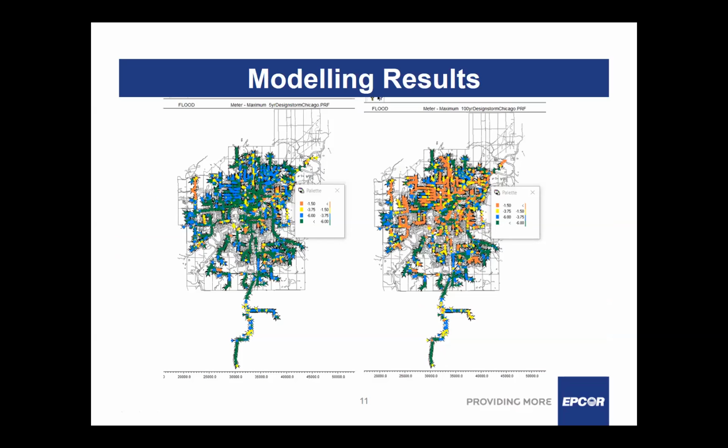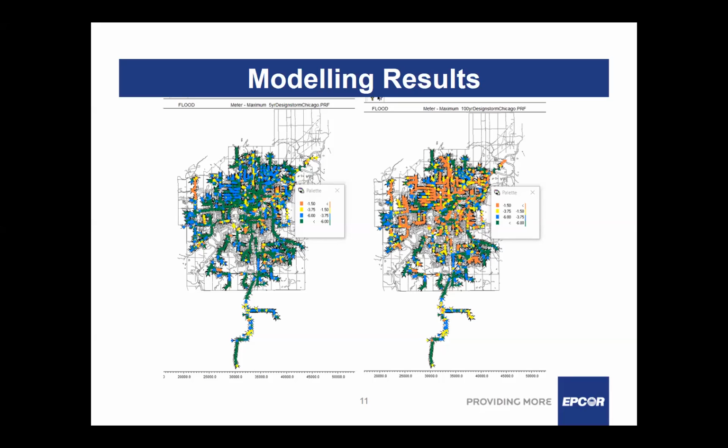So typically, this is what the model results would look like. These are two events. One is a 1 in 5 year return period, and the other is a 100-year return period.